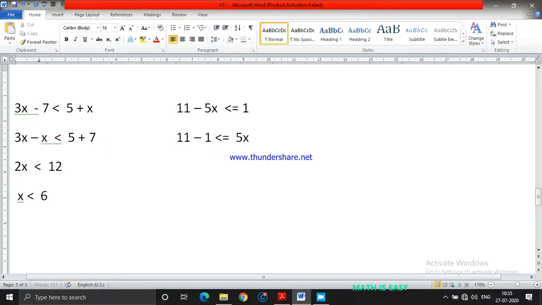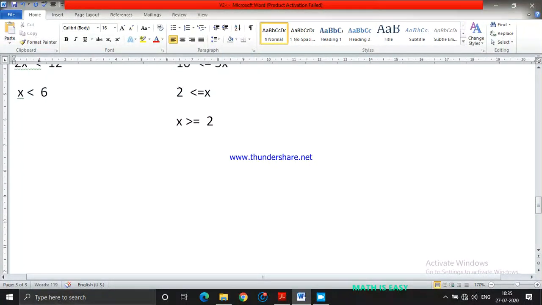In the next step, you can write 10 is less than or equals to 5x. Then if I divide by 5 on both sides, you'll get 2 is less than or equals to x. Or in the final step, I can write x is greater than or equals to 2.